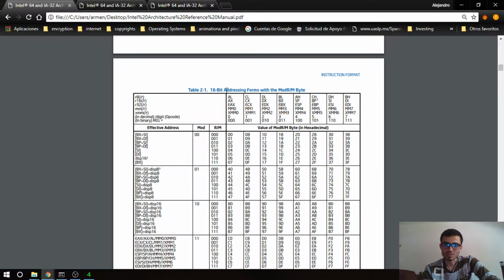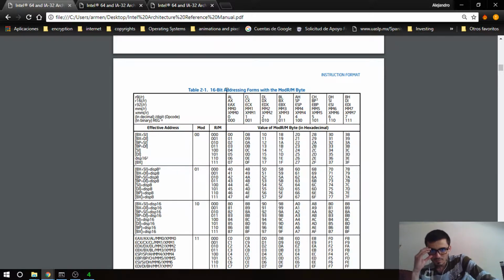Probably they're just telling you that this is the 16-bit addressing form. I don't remember if I can use 16-bit addressing in 32-bit or protected mode. I have to check that as well.